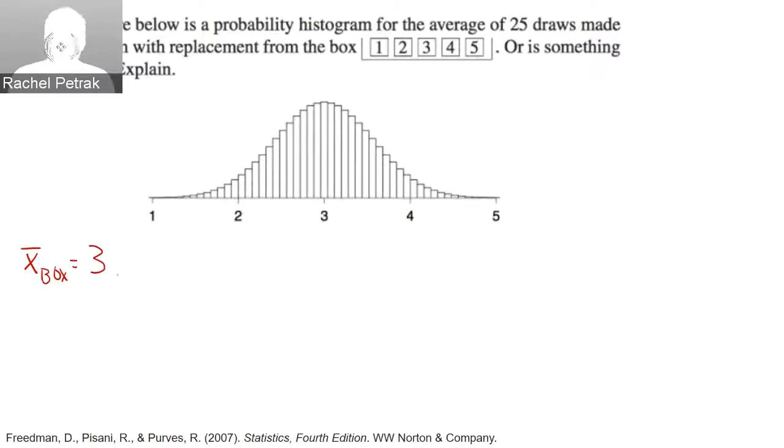I'll skip through some of these calculations to the observation that our standard error for the average here would be about 0.3. So given that our standard error is 0.3, does this seem like a reasonable probability histogram for this box?